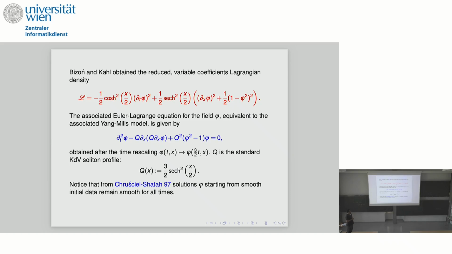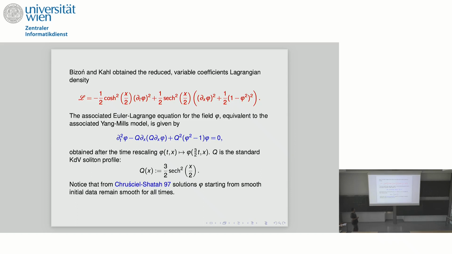Now you immediately see that your problem is placed in an inhomogeneous setting because of this letter Q, representing the standard KdV soliton profile. It's written here. Additionally, you have this term Q squared, essentially the Higgs potential.